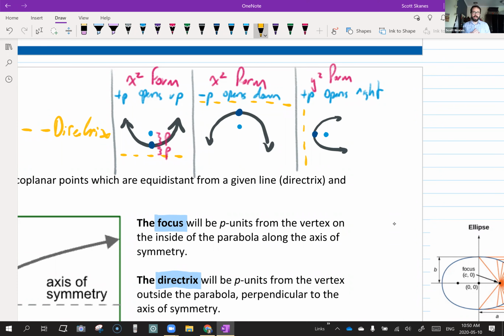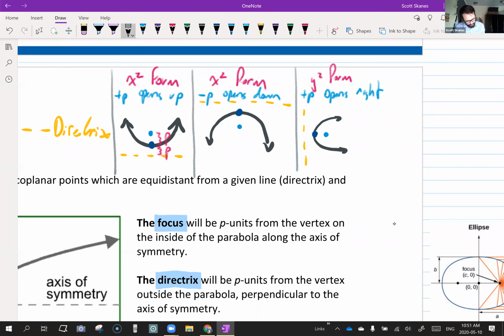Kind of like when we have an x-axis of symmetry, we deal with y stuff. Y squared form, instead of being on the y-axis, it's on the x-axis. So you can imagine instead of being a curve like this, we turn to the positive x-axis instead, and it's like this. That's the only difference. Positive y, negative y, positive x, negative x. Hopefully that makes some sense to you.